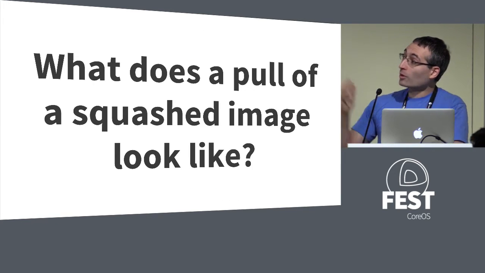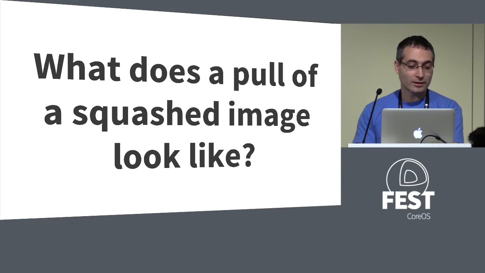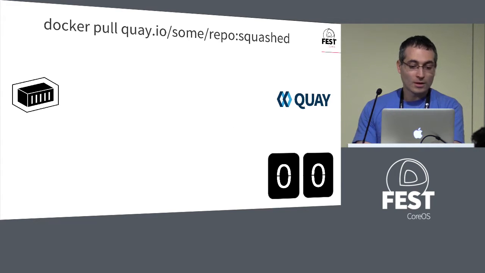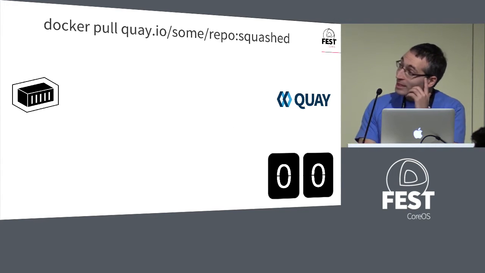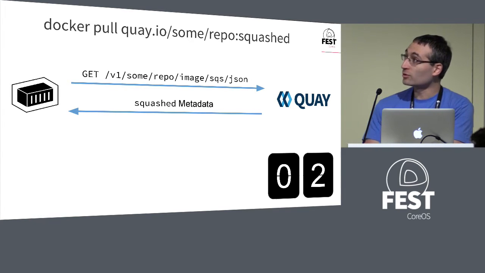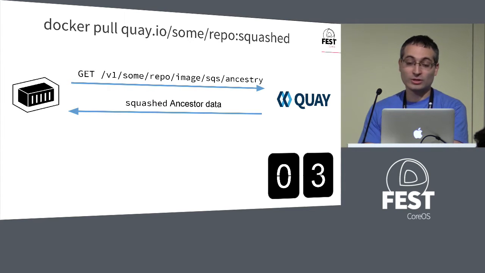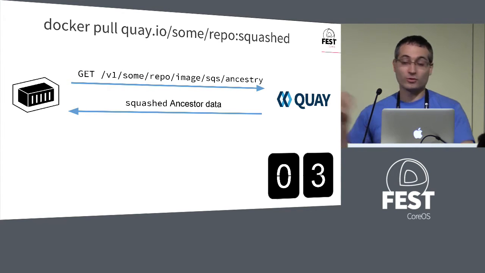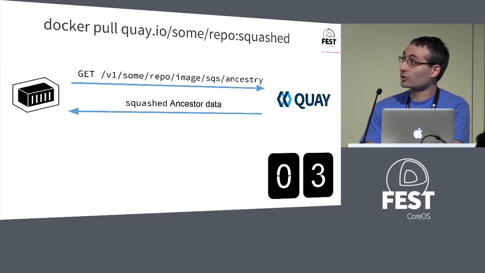And then, what would a pull of a squashed image look like? So, we go back to our HTTP counter here. We first pull the squashed tag, and that returns a list with a single image. It's pretty small. Then we retrieve the metadata for the squashed image, the ancestry data. This will actually be empty, but of course the Docker protocol requires that we still return it.